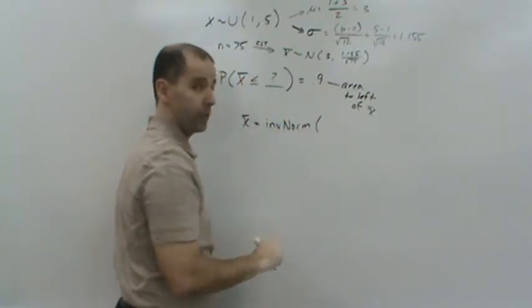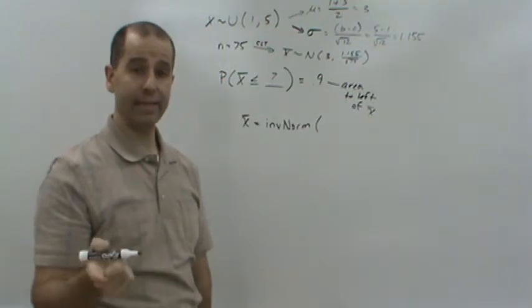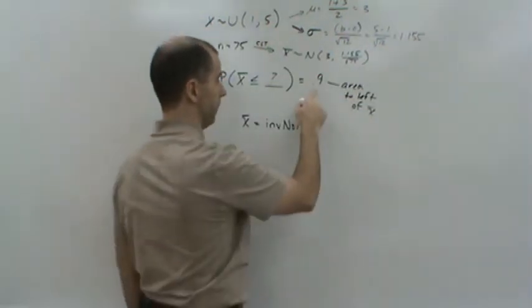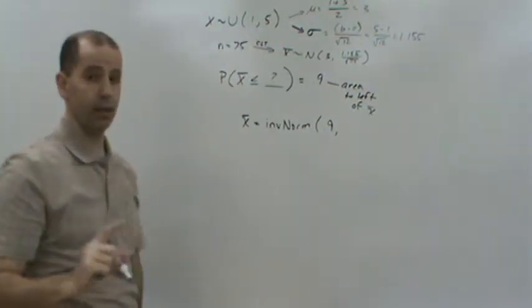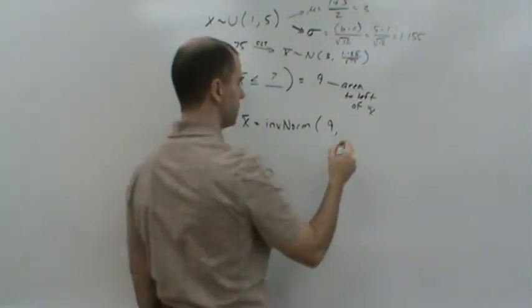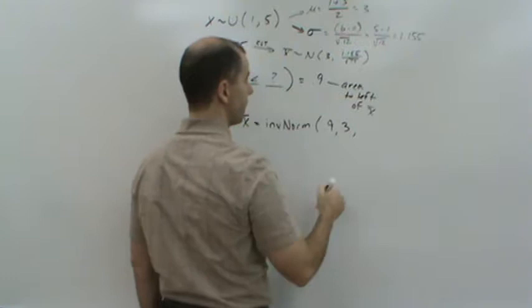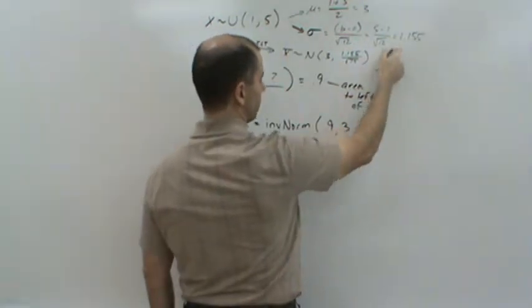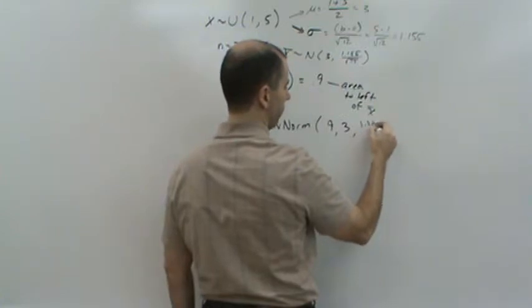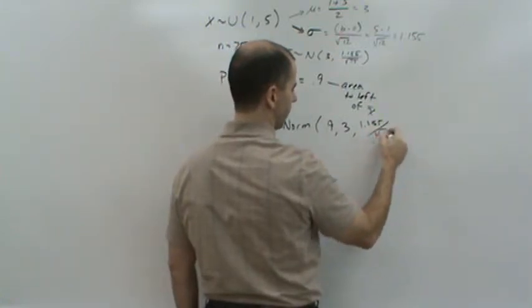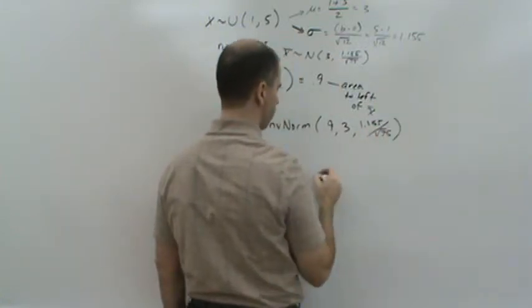If you use inverse norm, the first thing you put in the calculator, if you remember, is the area to the left. Well, there it is, 0.9, followed by the mean and standard deviation. The mean is 3, and the standard deviation is 1.155 divided by the square root of 75.